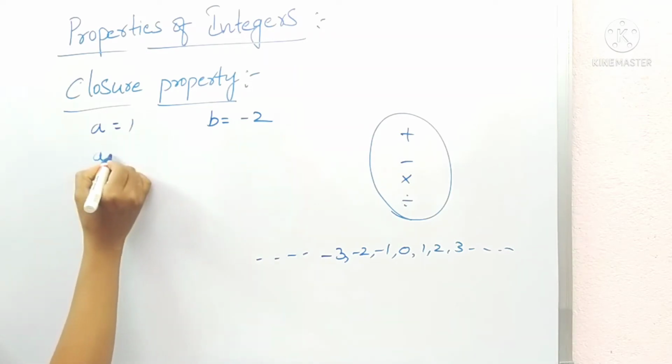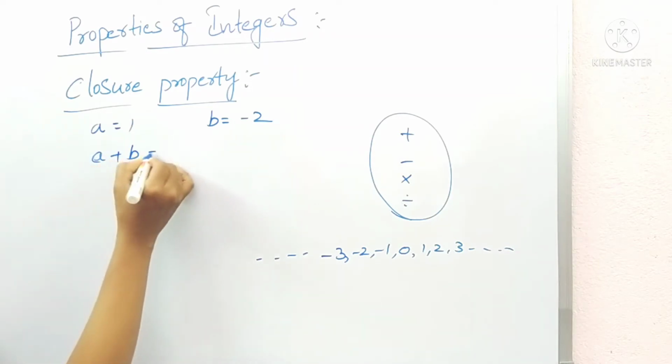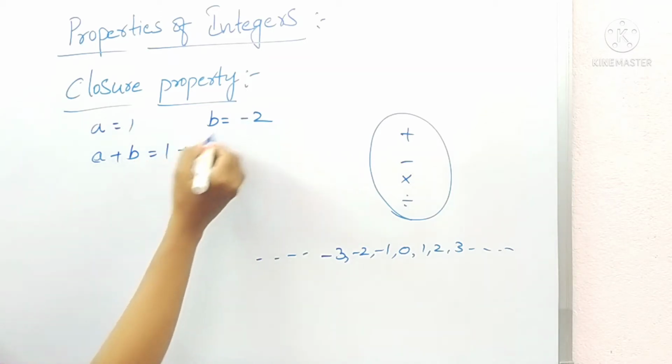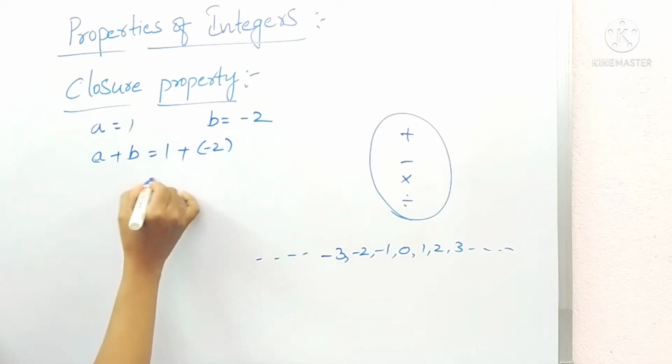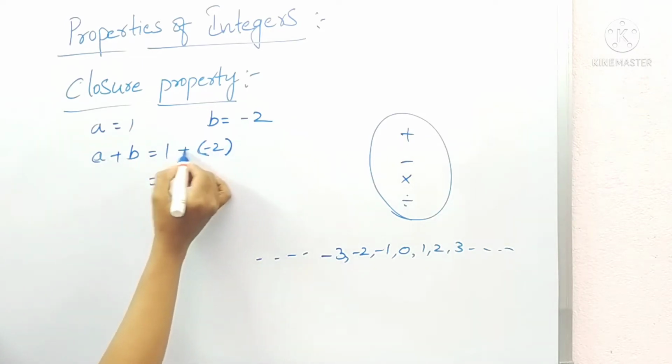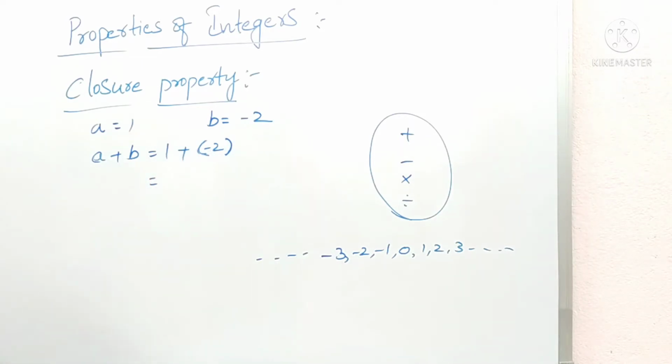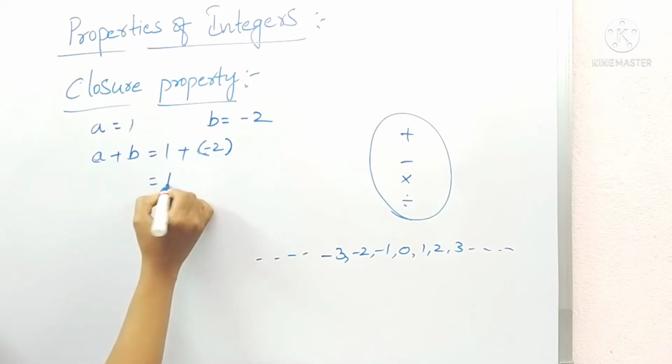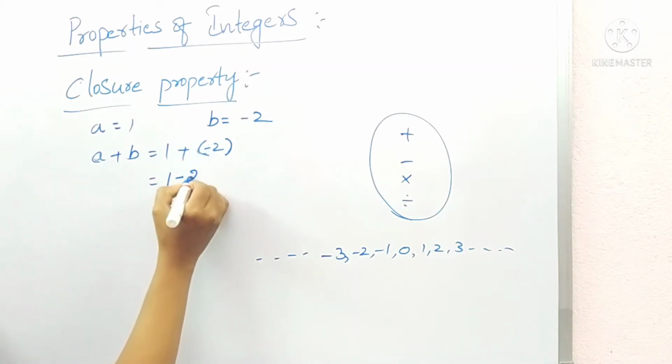If I add A plus B, what is the value of A? 1, and what's the value of B? -2. So here, whenever we get both symbols side by side, then we have to subtract. So 1 plus into minus 2.